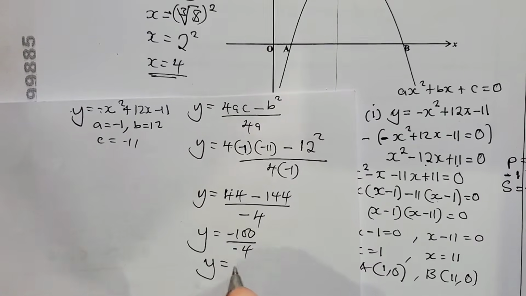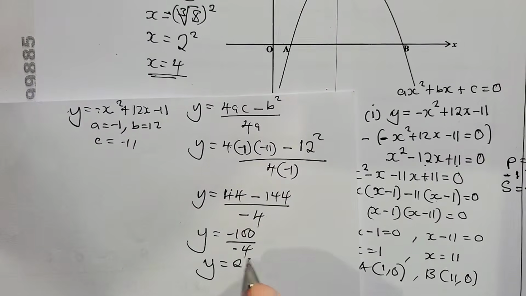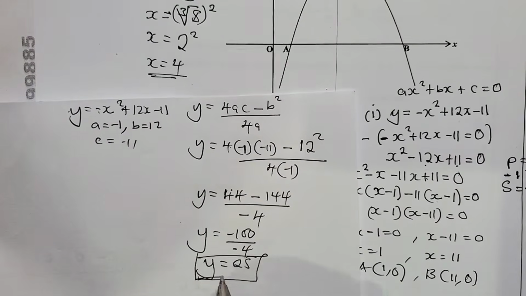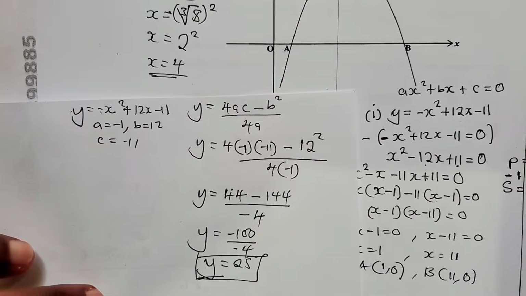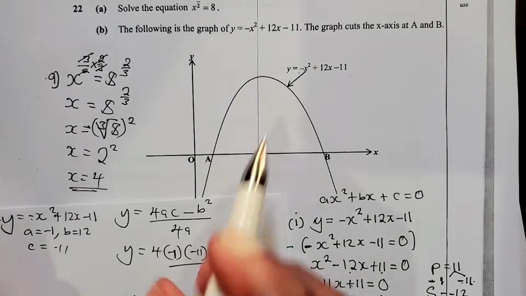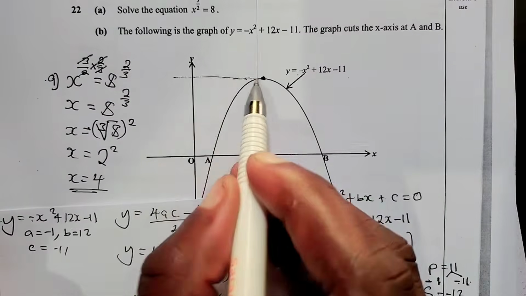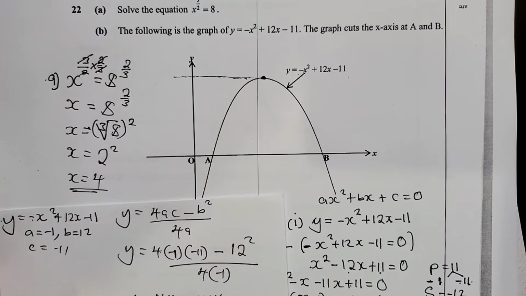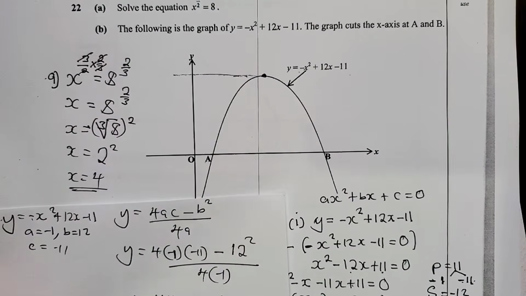Negative divided by negative is positive, so 100 over 4 is 25. So y is 25. Look at the question: this is the maximum, and the value of y this side is positive. So this is our answer. Our answer is correct.